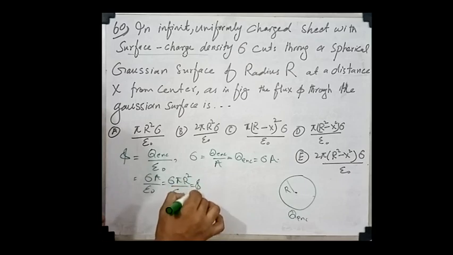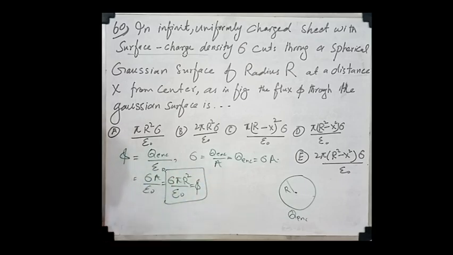This is our flux for a Gaussian surface having radius r.